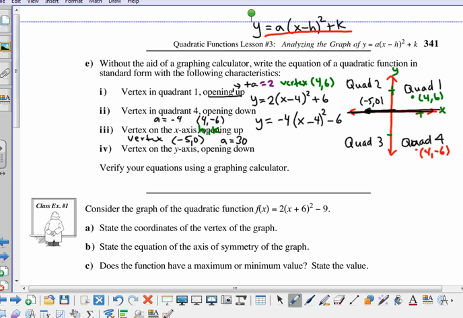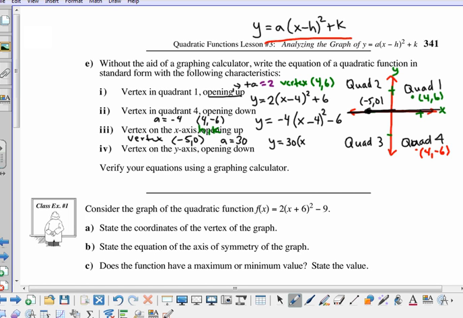30, doesn't matter. Okay, so now I want you to try and plug that into the formula at the bottom. Right, this guy. Y equals. Remember, the vertex is H comma K. So our A is 30.